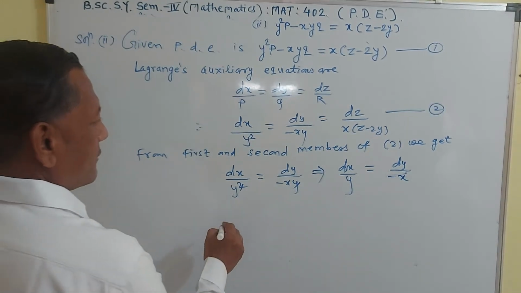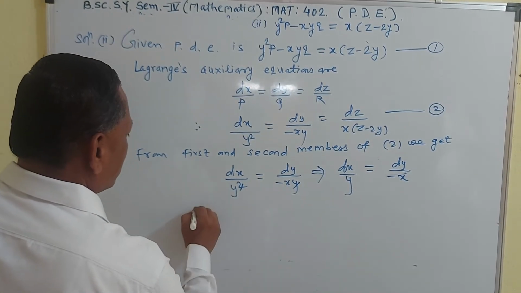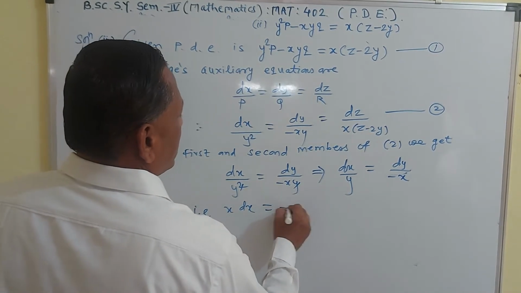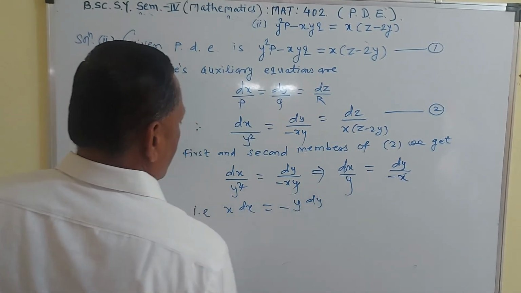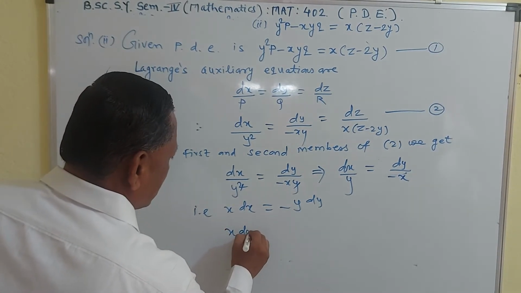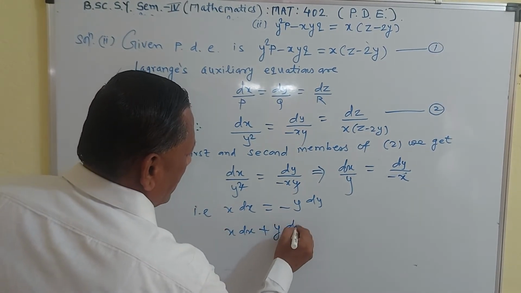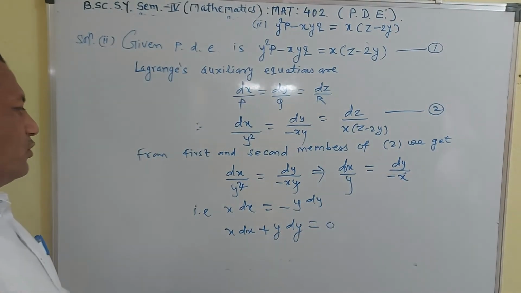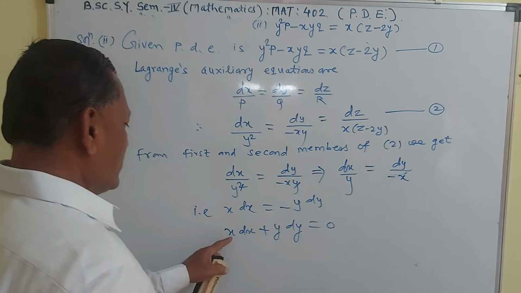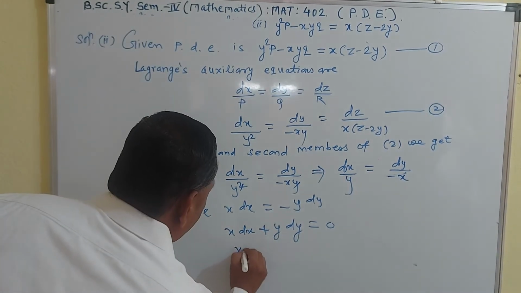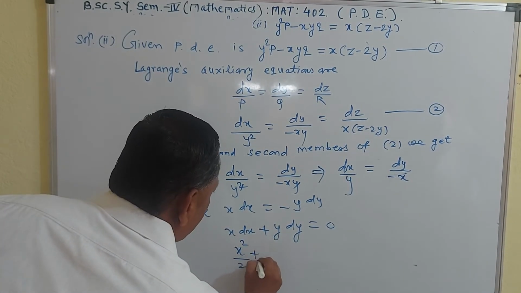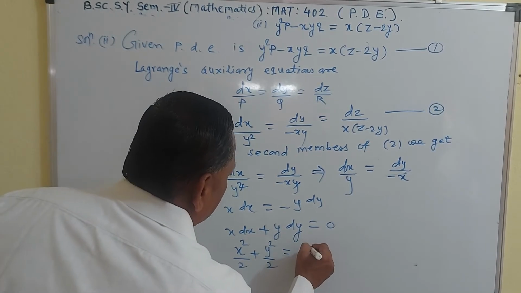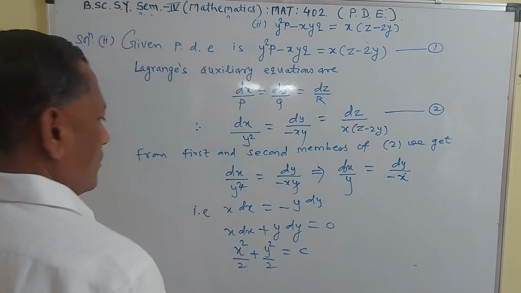Again this can be written as x dx = −y dy, or x dx + y dy = 0. Integrating on both sides, we get x²/2 + y²/2 = c.